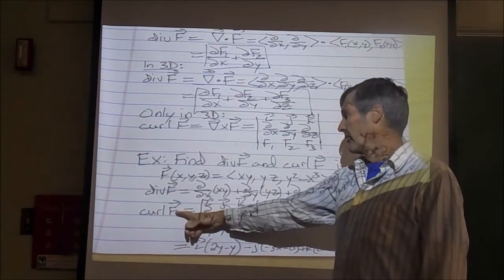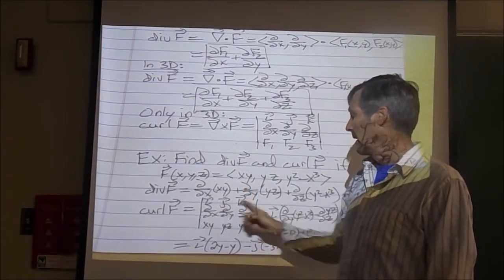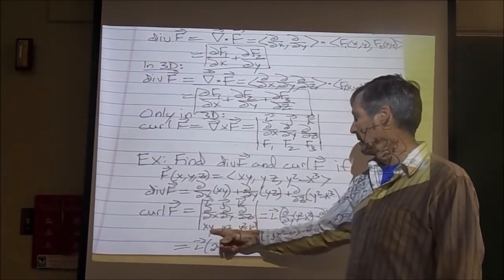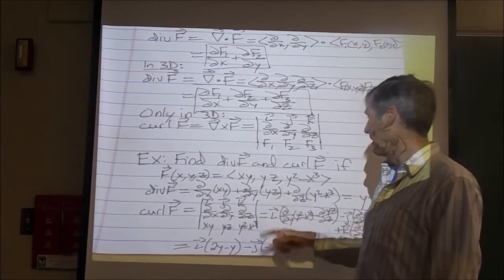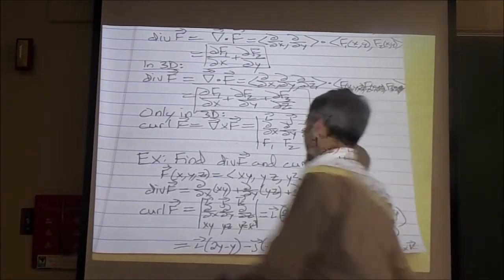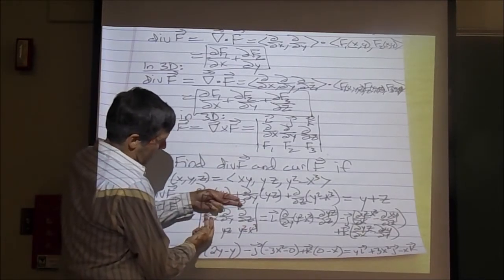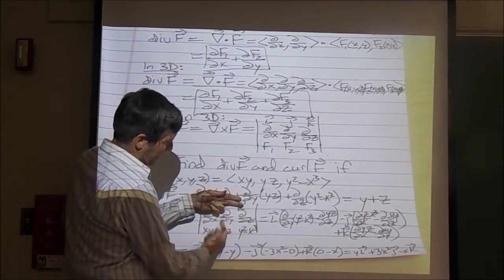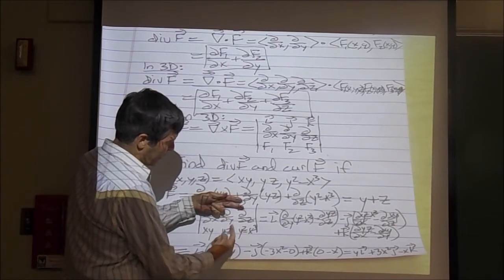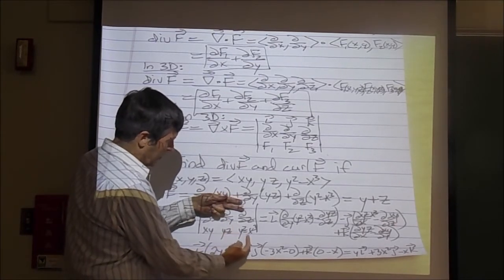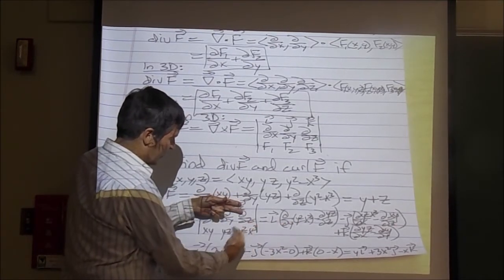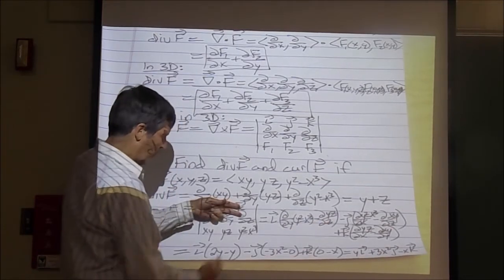The curl of this vector field: i j k, the gradient operator, and the 3 components of f. And let's see, right, remember how to do these. For the component in the i direction, you wipe out its row and column and take this subdeterminant, d dy of this minus d dz of this. So d dy of y squared minus x cubed minus d dz of yz.